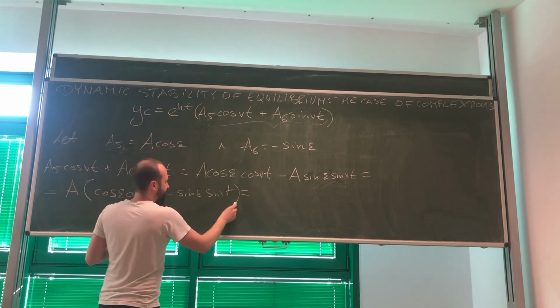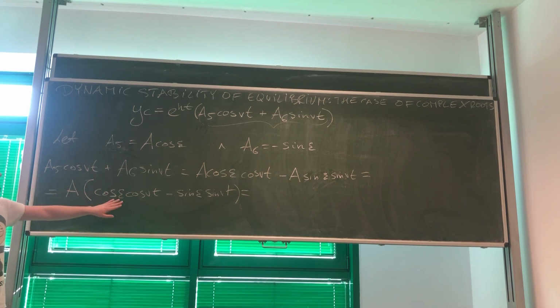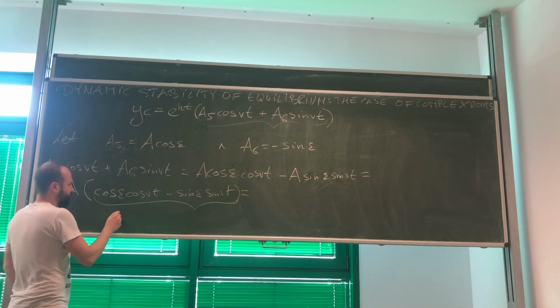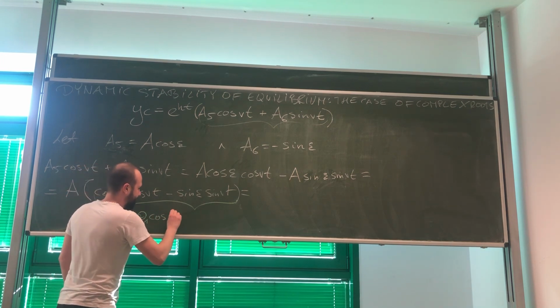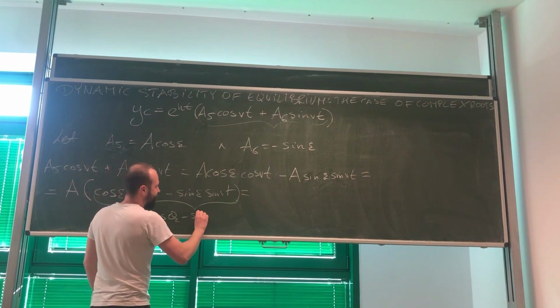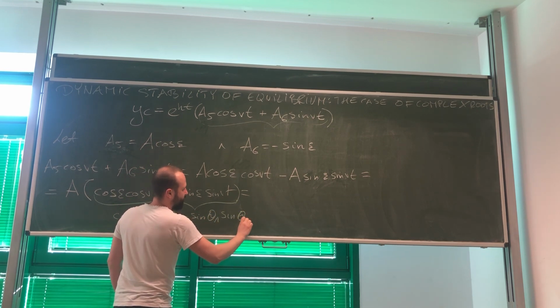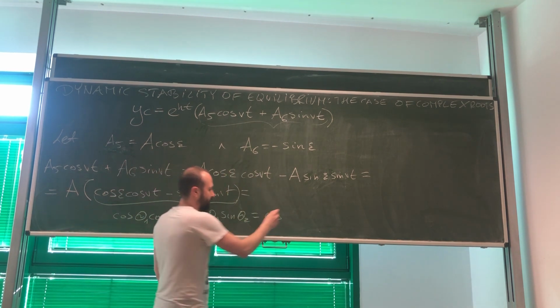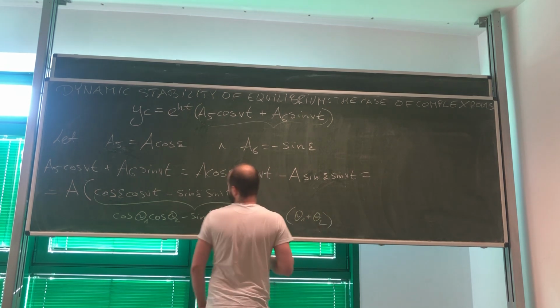A couple of videos ago, I actually described to you this trigonometric identity. I hope you remember this one. Cosine theta 1 times cosine theta 2 minus sine theta 1 times sine theta 2 is equal to cosine of theta 1 plus theta 2.